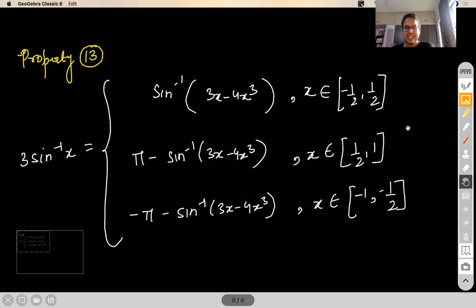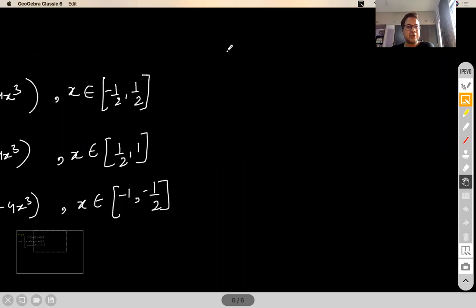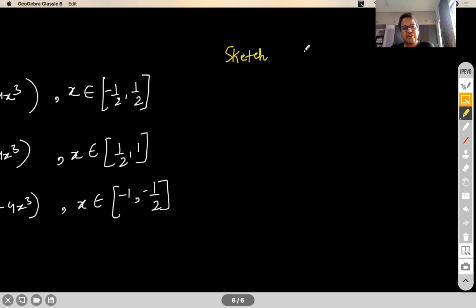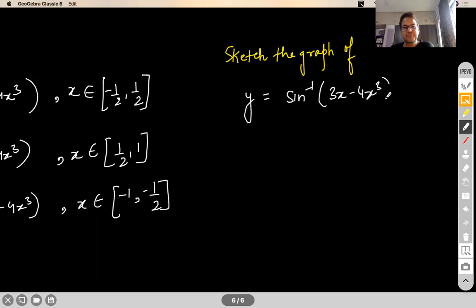All right. So next is obviously, you know, what is my next question? Sketch the graph of y is equal to sine inverse of 3x minus 4x cube. And let me know once you're done with the sketch.